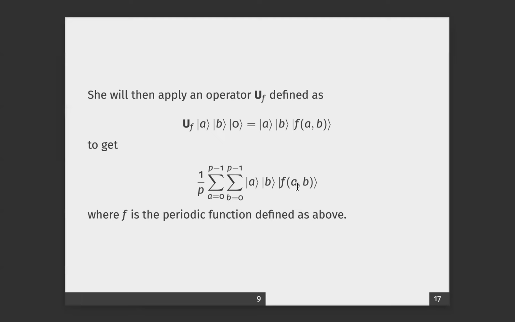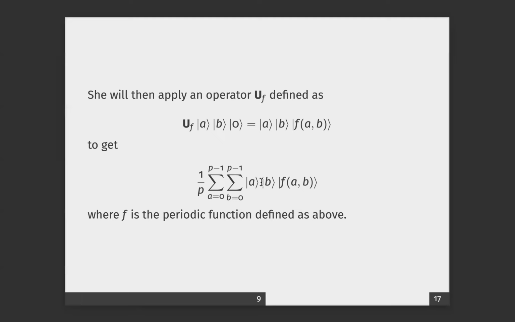And the input register will then be a superposition of all values of A and B such that, because we know that this is periodic, diba?